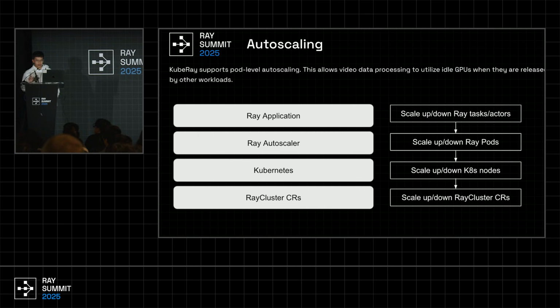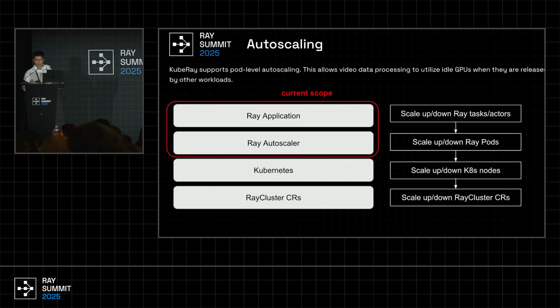And the third one is autoscaling. There are several levels of autoscaling here. The first one is the Ray application. In the system, it will auto scale, dynamically creating different numbers of tasks and actors, and the KubeRay autoscaler supports spinning up a new Ray pod to schedule these new Ray tasks and actors.